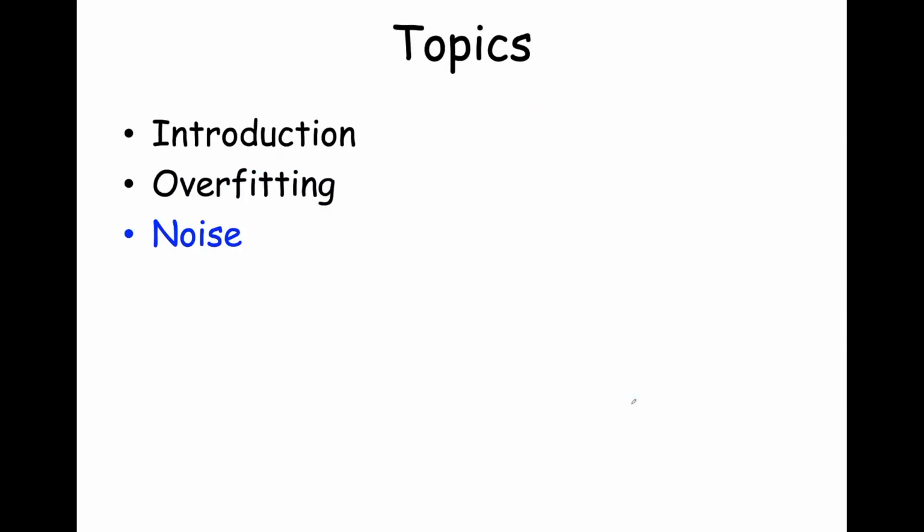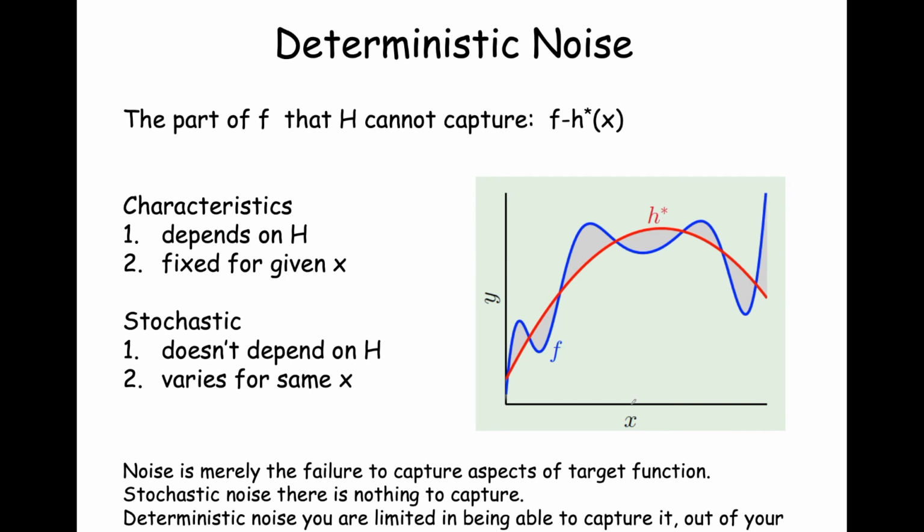Let's take a little more consideration of these noises. Now, what is noise exactly? Noise is that part of your target function f that your hypothesis set cannot capture, can't keep up with. Essentially, we're taking the difference between your target function and your hypothesis set. Deterministic noise depends on the complexity of the target function where your hypothesis can't keep up.